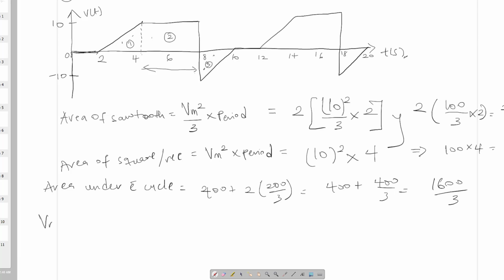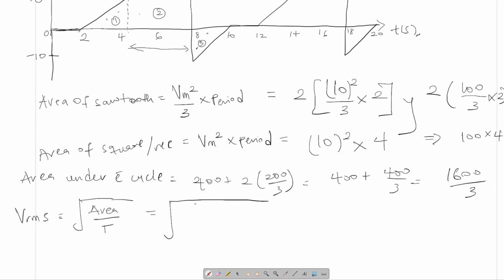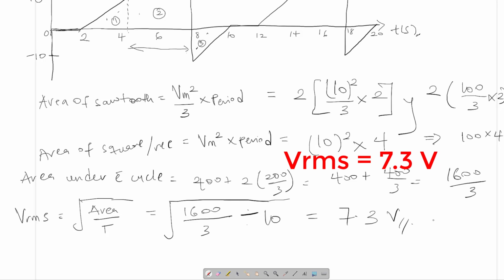And we know that the RMS value, in this case the RMS voltage, is always the same as area over T, where T is the period of the full cycle. So we have our area ready, which is 1600 divided by 3, and we also have to divide the whole thing by the period of the cycle, that is 10, and this should give me 7.3 volts. So if you use integration or this very simple method, you should get the same thing.